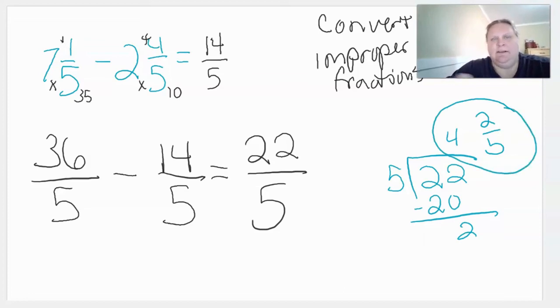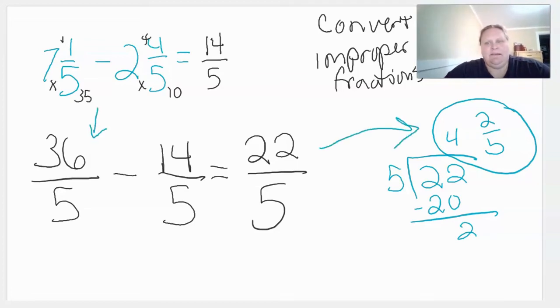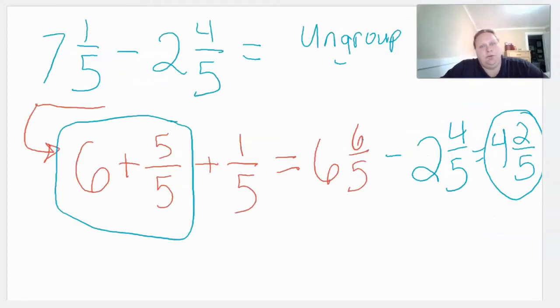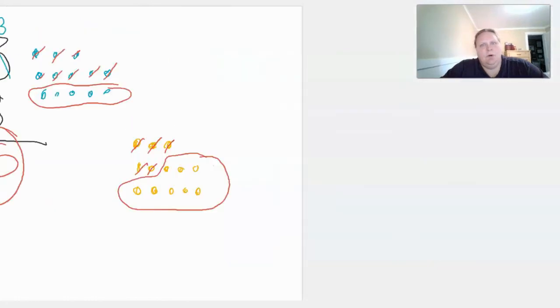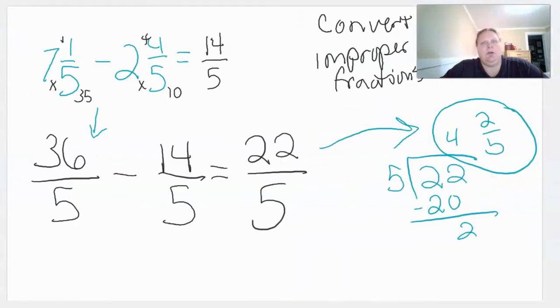There's the final answer. Again, convert to an improper fraction and then back to a mixed number. So you can choose which method you like better. Do you prefer to ungroup or convert improper fractions? Your choice.